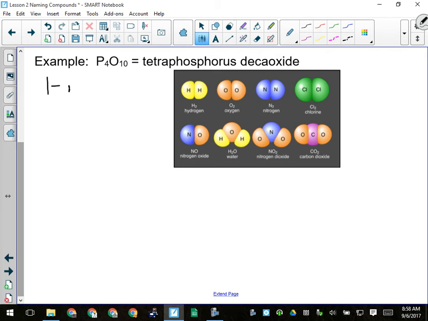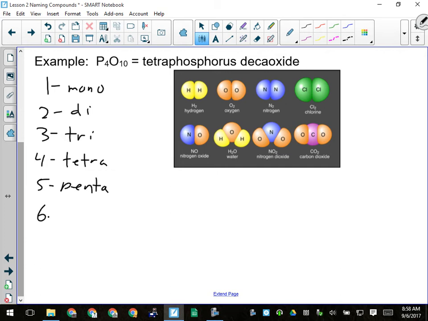So 1 is mono, 2 is di, 3 is tri, 4 is tetra, 5 is penta, 6 is hexa, 7 is hepta. If you took Science 9 in French, you may have been taught that it's septa.